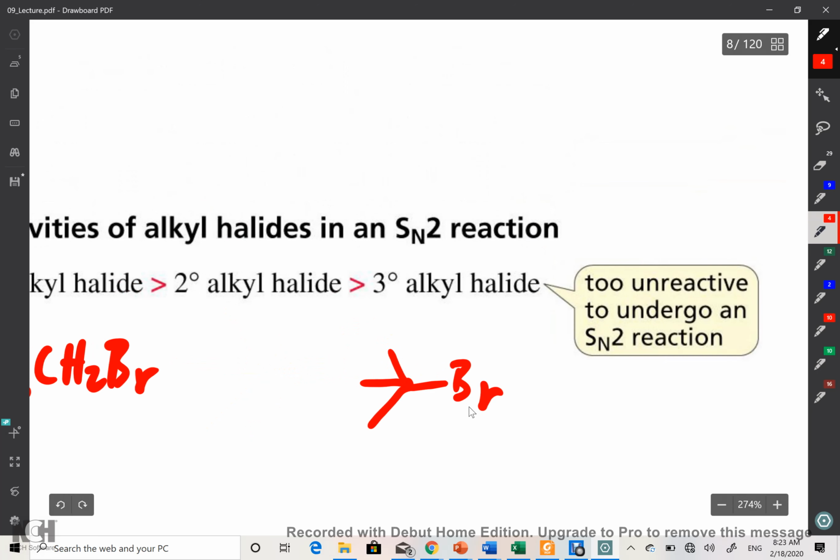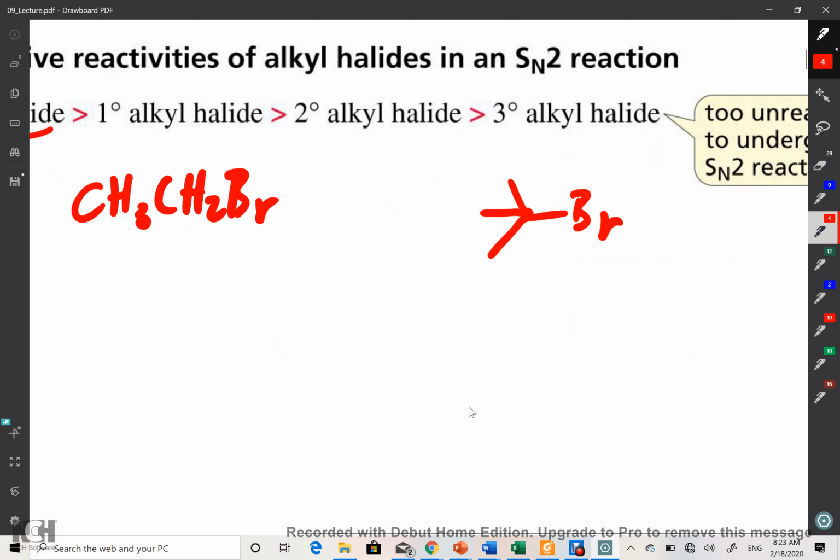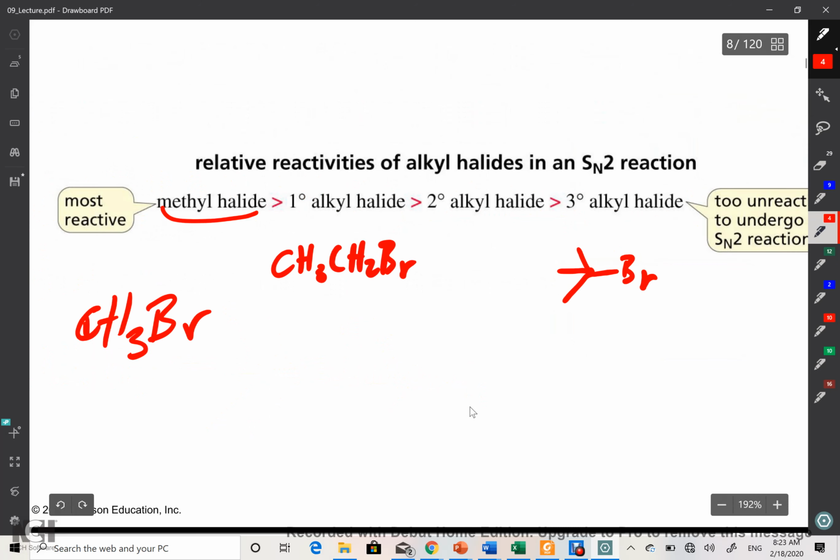So they don't undergo SN2. If you want to perform an SN2 reaction, it is advisable to use a methyl alkyl halide or a primary alkyl halide. Those are the two that are really good for an SN2 mechanism. Does that make sense? So you see, we're already distinguishing which one is good for SN2 and which one is good for SN1. The nature of the alkyl halide is important.